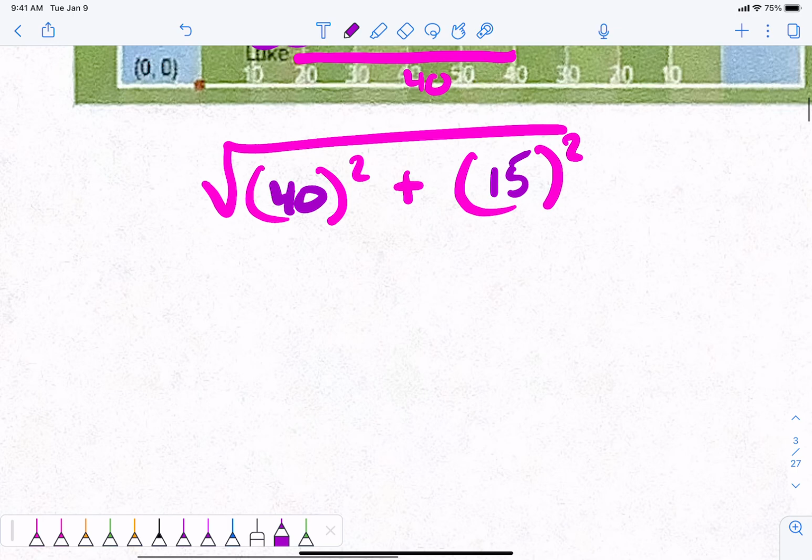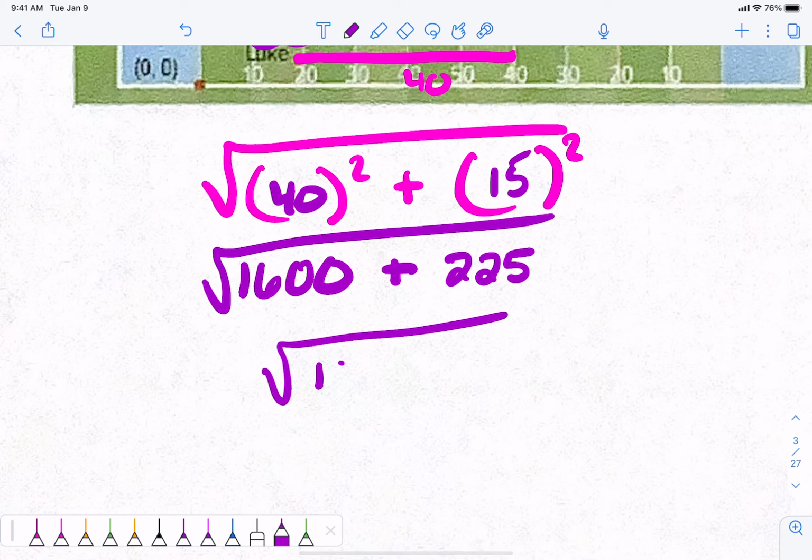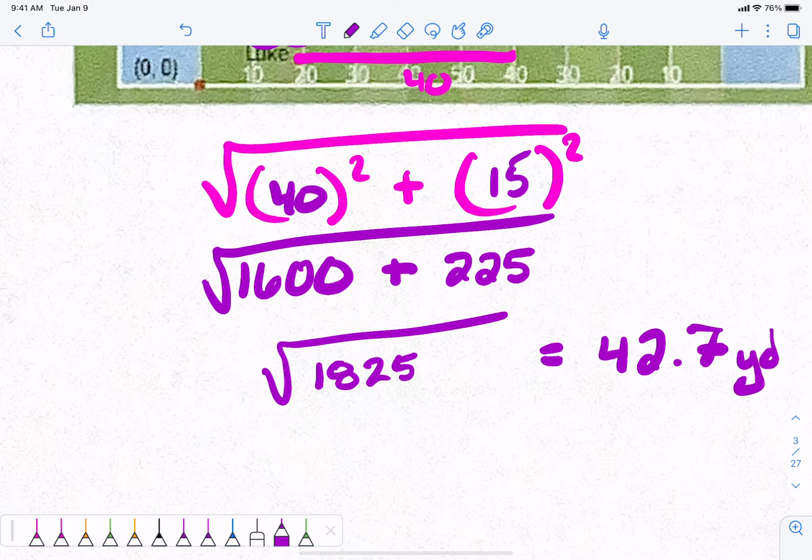And then I just do the math. 40 squared is like 1,600, I think, plus 15 squared is like, I think, 225. And then I add those together, and that's like 1825, and I take the square root, and that is 5 square root of 73. What's the decimal? 42.7. 42.7 yards, right?